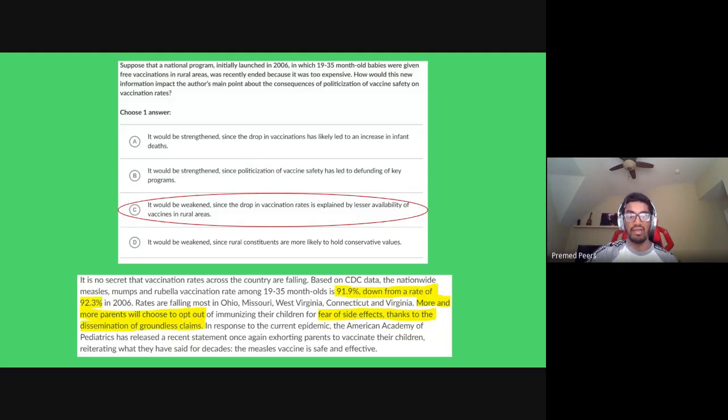However, the author makes the claim of fearing side effects, and that's why people are getting vaccinated less.